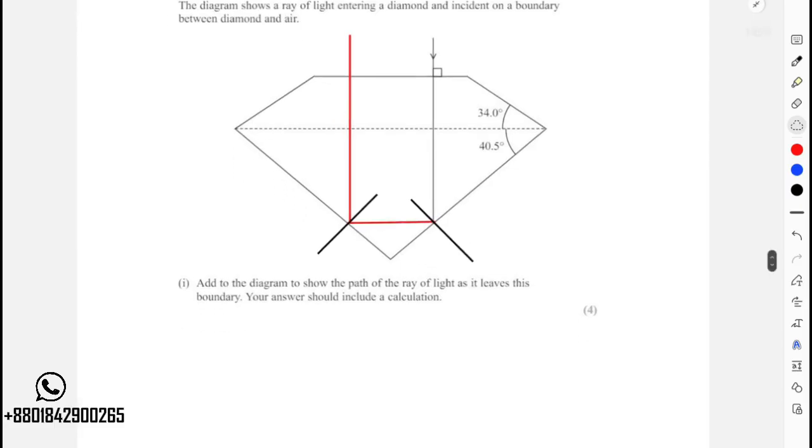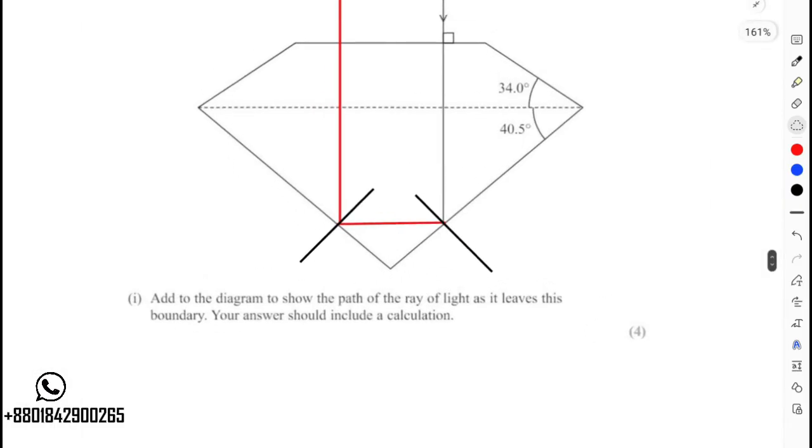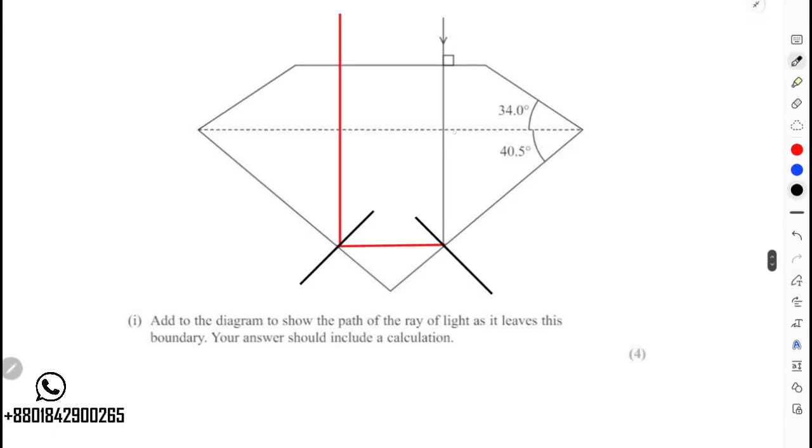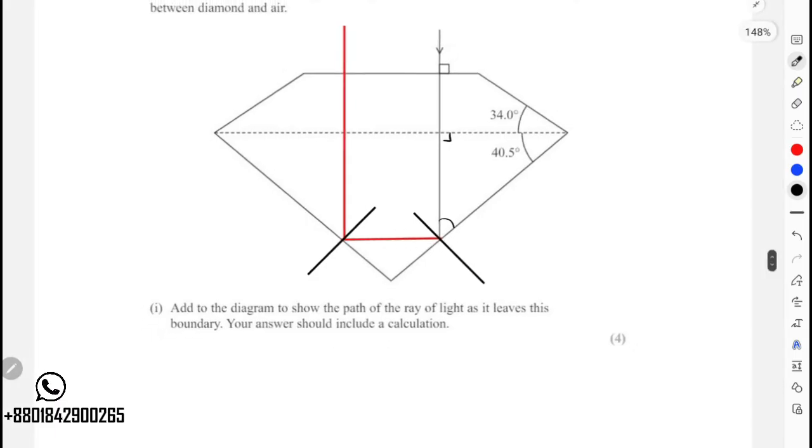Okay, 1 minute. Yeah, I can understand that this is 90 degrees, right? Which means that this angle is supposed to be 180 minus 90 minus 40.5, which is 49.5 degrees. If this is 49.5 degrees, this over here is going to be 90 minus 49.5.